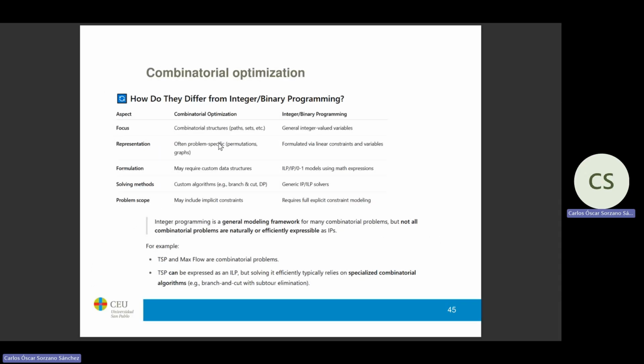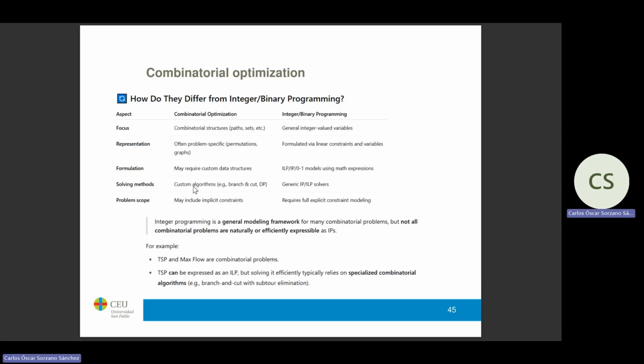So the structure is very much preserved here. And the formulation, here typically you need specific data structures to represent your problem. And here you use standard mathematics with variables that take integer values or 0, 1 values.